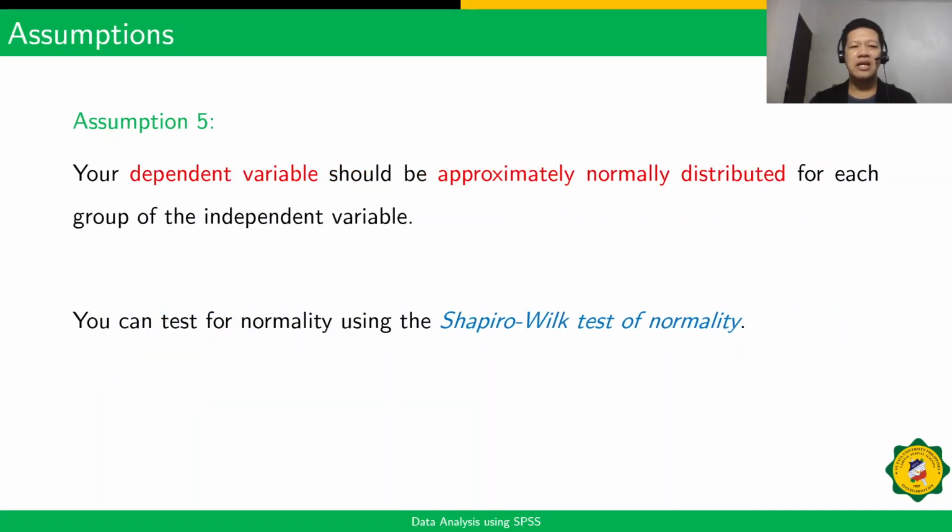Assumption 5: the dependent variable should be approximately normally distributed for each group of the independent variable. To test the normality of the dataset, we can use the Shapiro-Wilk test of normality.